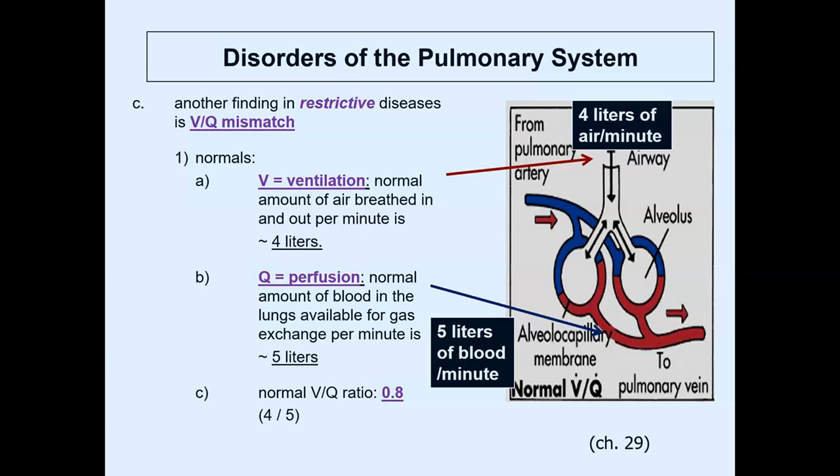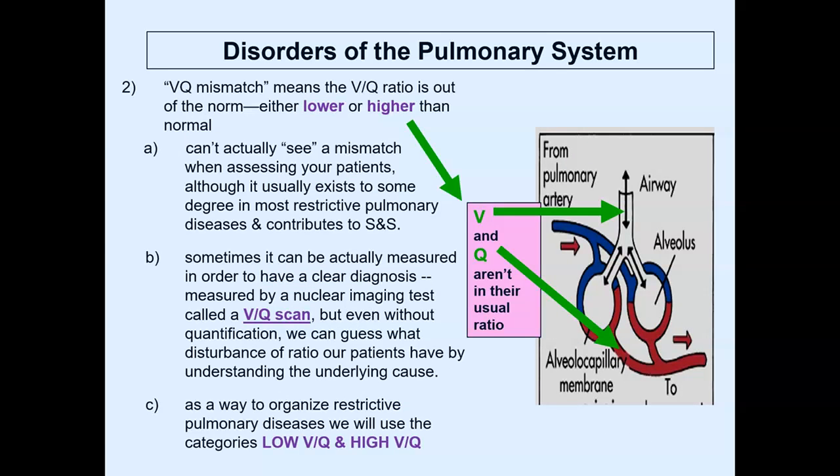Because we can make this into a ratio of V over Q, that's the VQ ratio, and when you divide that mathematically, it comes to 0.8. Again, you are not going to be asked to do a math formula. You just need to realize that the normal VQ ratio is going to be 0.8. If it's identified that the patient has some kind of inhalation problem, some kind of restrictive problem that's causing a low O2, then healthcare providers will often do a VQ scan, because there will be a VQ mismatch when there is a restrictive disorder.